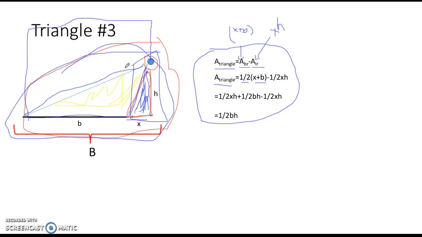Sorry, that should say 1/2 h, (x plus b). You distribute the 1/2 h, so you get 1/2 xh plus 1/2 bh minus 1/2 xh. You cancel out those terms, and you are left with 1/2 base height.